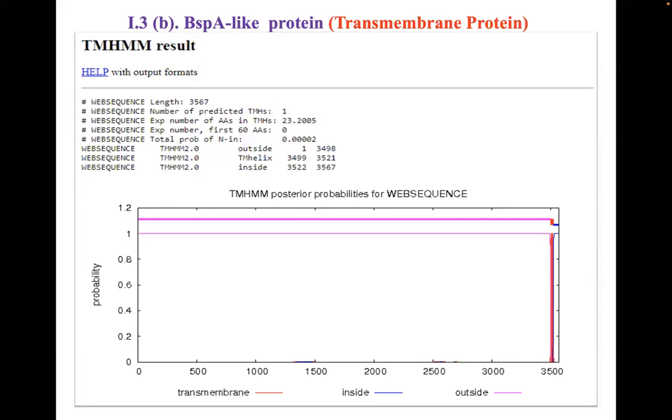How many colors do you have? You have pink, red, and blue. Three colors. Pink is indicating outside, red is indicating membrane, transmembrane, and blue is indicating inside. Okay.